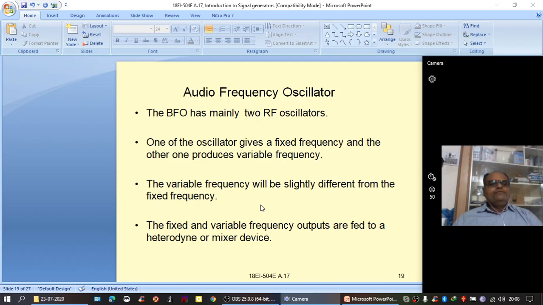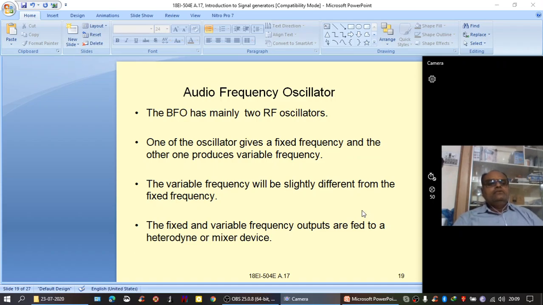Then what would be the difference? The difference would obviously be between 10 kilohertz and 20 kilohertz. The 10 to 20 kilohertz will be in the category of audio frequency. That is how audio frequencies are generated using two radio frequencies in a beat frequency oscillator.